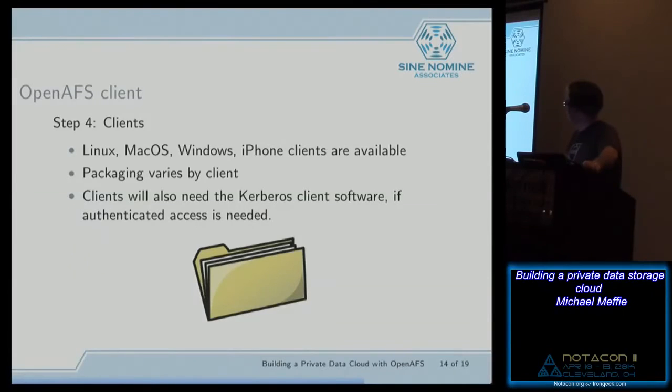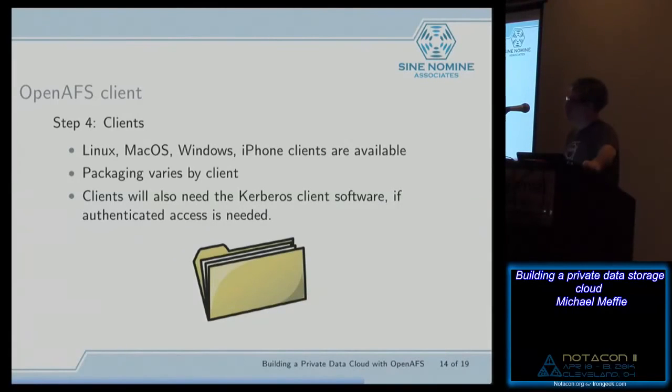The clients themselves we install depending on what we're running. If it's a Debian machine, there are Debian packages to install, or CentOS packages. Essentially, the clients need a kernel module, so the Linux client needs a Linux kernel module, and Mac OS has the Mac OS file driver.